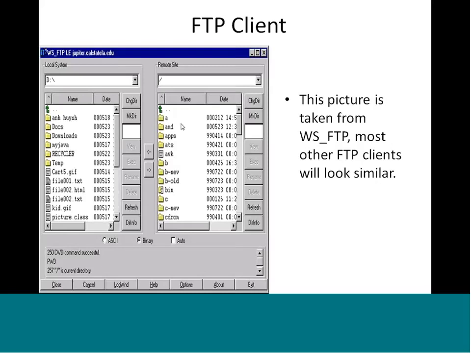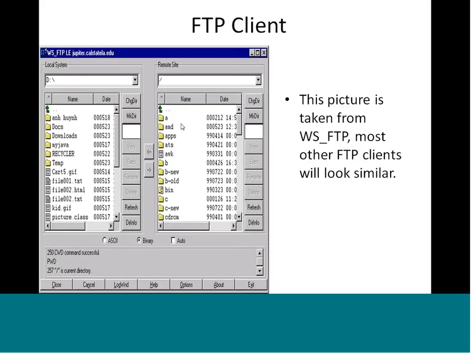Then we used various commands like cd and pwd to look at what is there in the remote site. We also studied how to transfer files using the put and get commands, and we covered ASCII versus binary. Then we talked about how to navigate in the local context, which is lcd.